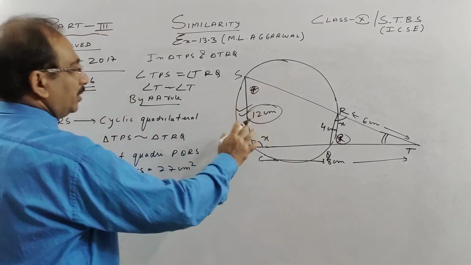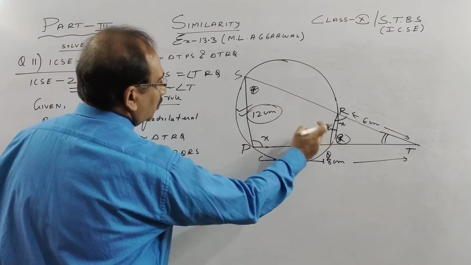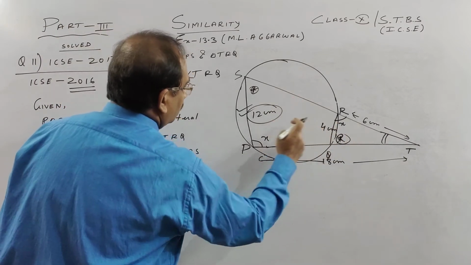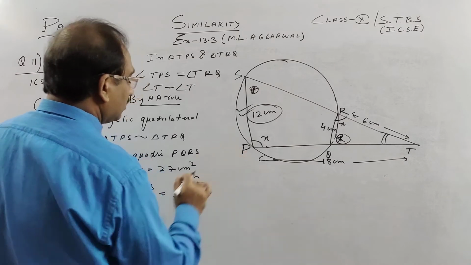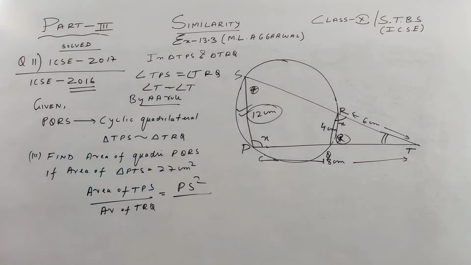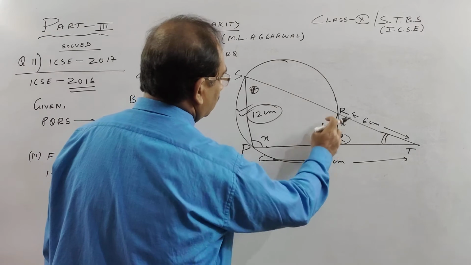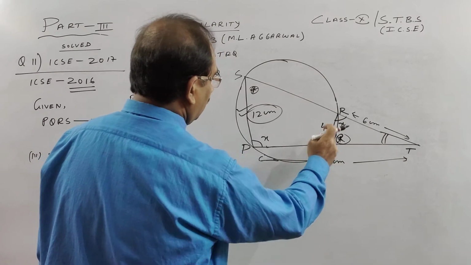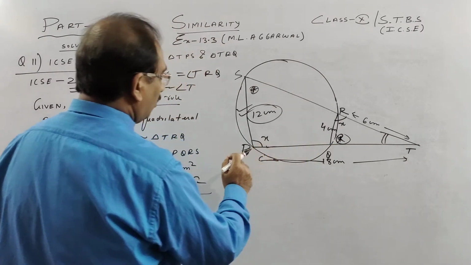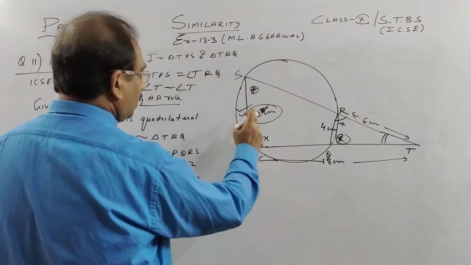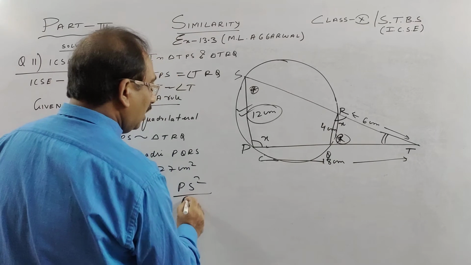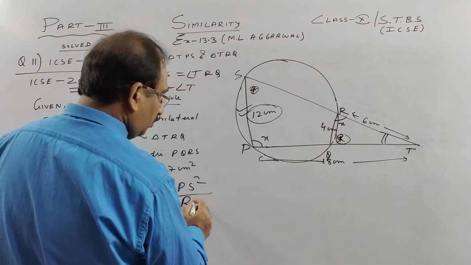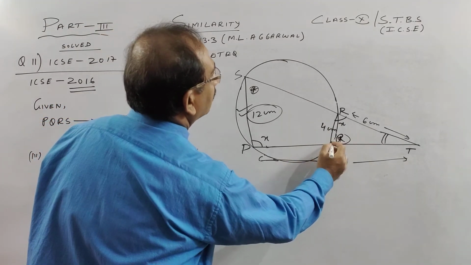So the area of TPS, if you see, in the big triangle, opposite to this angle is this, that is PS. So square on PS, by this is your square on PS if you take from P to S, X to this asterisk, upon RQ, this is Q square.